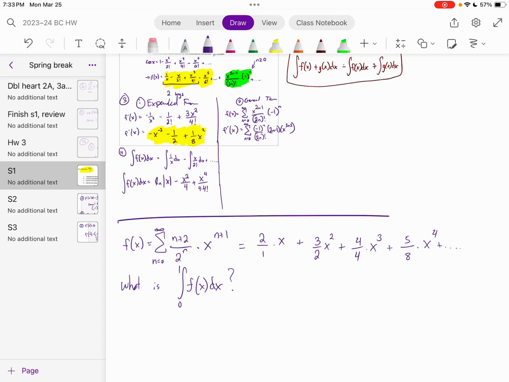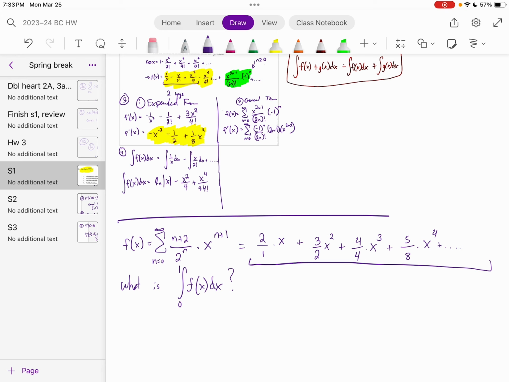Okay, so what we didn't do up there is integrate the general term. We integrated all the individual terms. For this one, that's going to be a struggle, because this thing is infinite, and integrating that over and over again, you can see that the coefficient out front is going to be getting very, very small, so it might not matter as much.